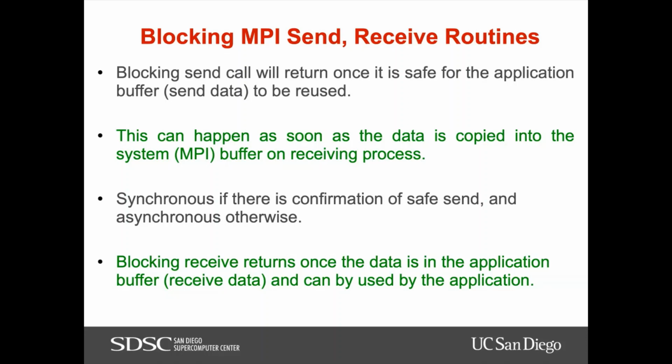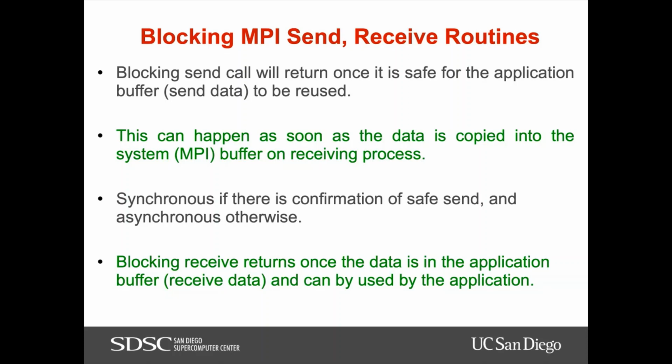Basically, you will obviously be doing a lot of iterative things in these codes, and you might send something and then want to do more computations, right? So the send call will return as soon as the data is copied to the system buffer on the receive process.